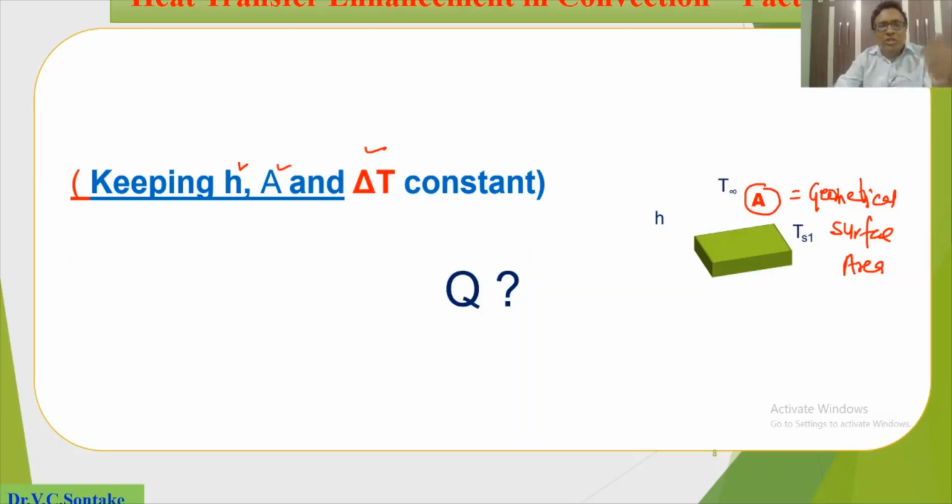So what is the solution then? How can I enhance the heat transfer rate in free convection if we have all these three constraints? Can't change h, A or delta T. So this is the problem.